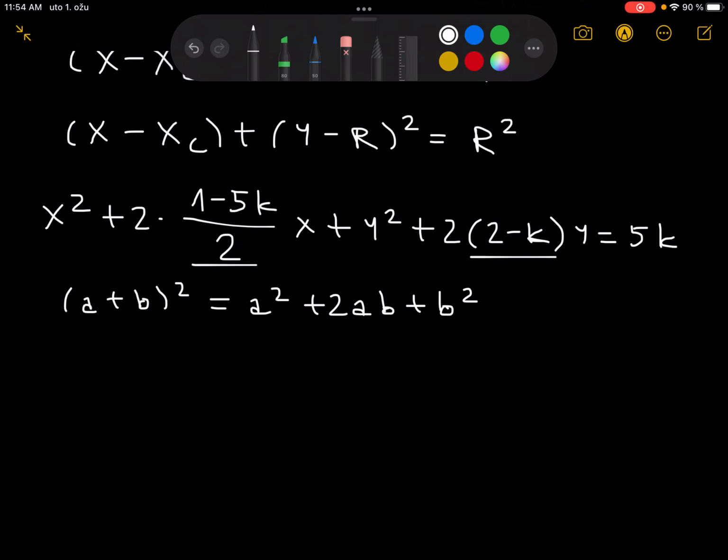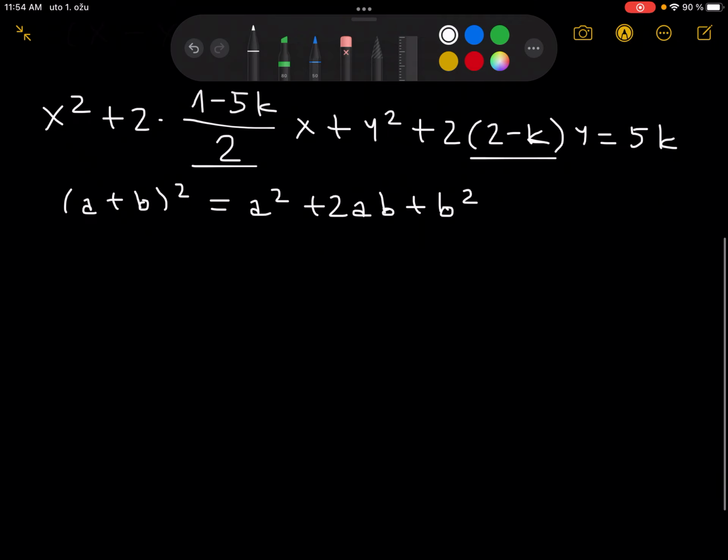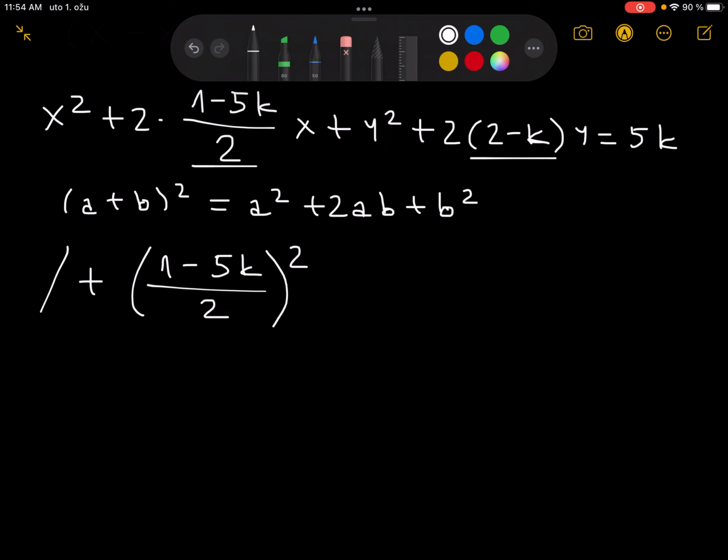These are actually going to be b's. In either case, we're supposed to add (1 minus 5k over 2) quantity squared plus (2 minus k) quantity squared to both sides of our given equation.